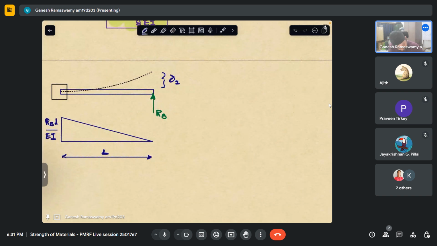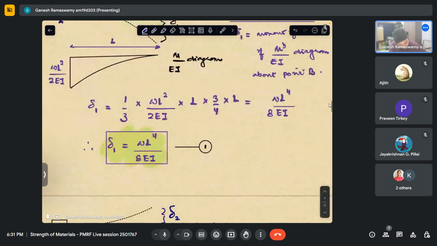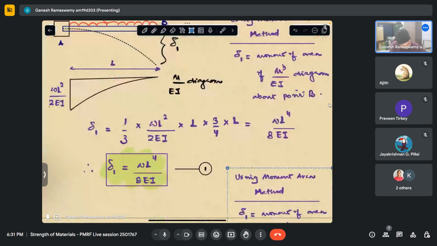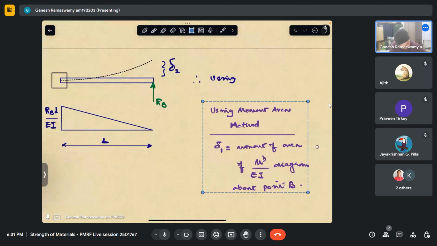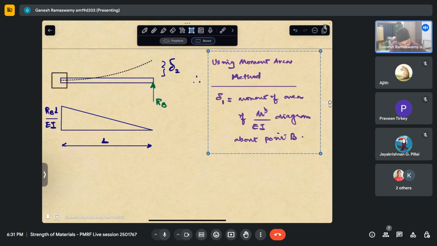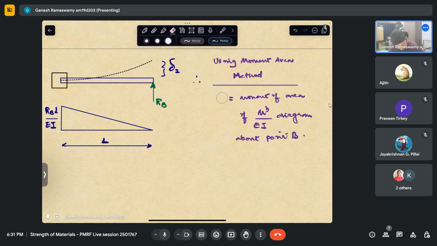So therefore, again, I'll just take this statement. Yes, so using the moment area method, delta 2 is the moment of the area of the M by EI diagram about point B again.